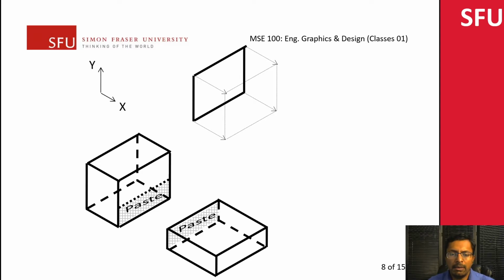This would be an example of creating an L-shaped object here. We are going to try to do this in multiple ways. The first way is to proceed with the extrusion that we've already done, where we extrude and then try to paste another extrusion on top of the first extrusion.